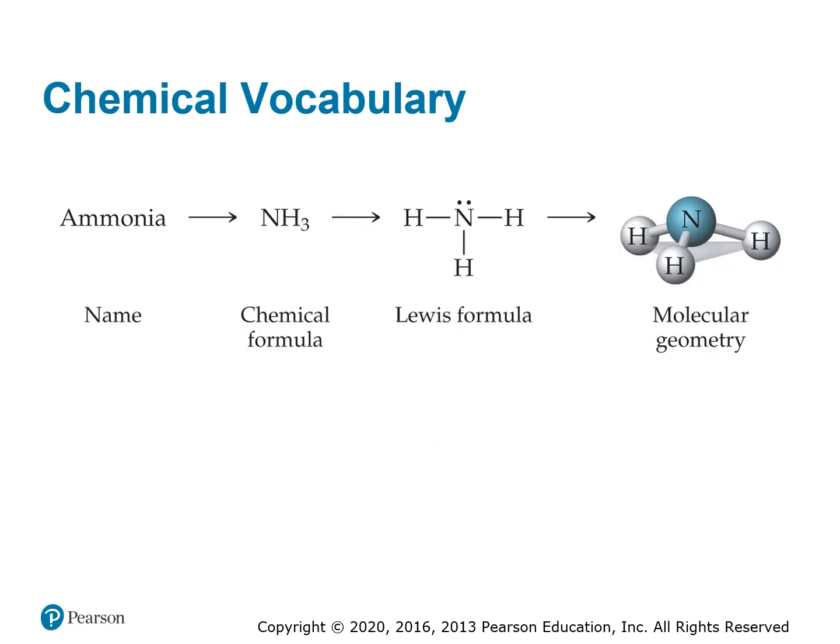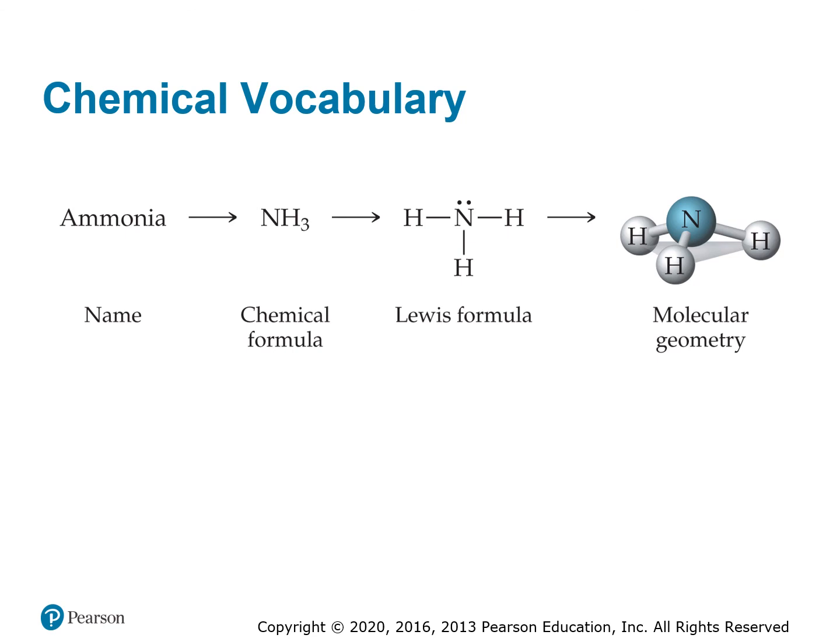So in chemical vocabulary, when you talk about the name, you write it down like ammonia, right? In this case, the name is ammonia. When you refer to the chemical formula, you represent ammonia in terms of its elements. So nitrogen, hydrogen, and there are 3 hydrogens in the ammonia molecule.